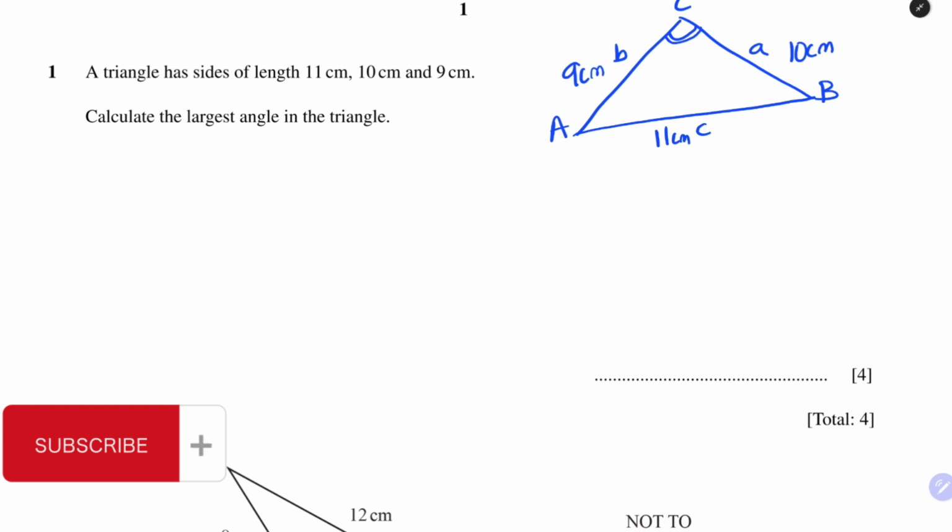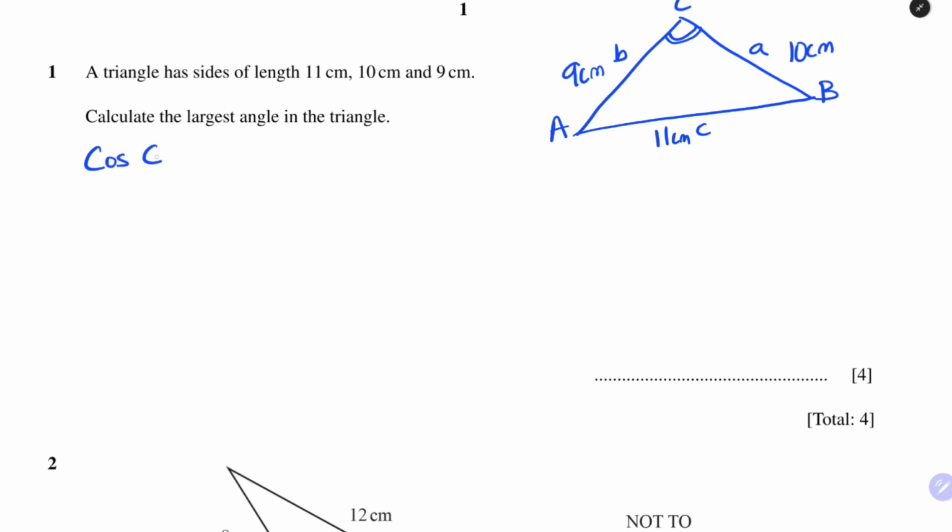Since it's an angle we are looking for and we have been given 3 sides, the appropriate rule to use will be our cosine rule. Now, finding an angle with cosine rule states that the cosine of C will be given by A square plus B square minus C square over 2AB.